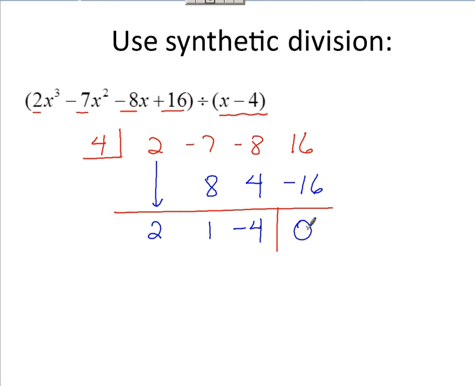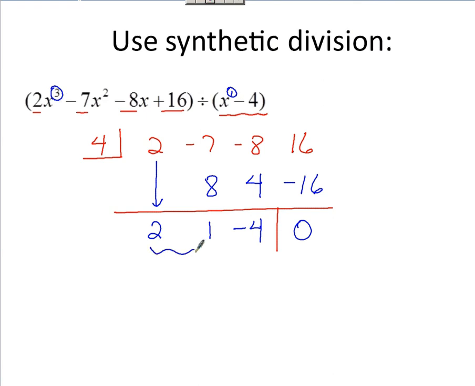Now, we started with a polynomial that we were dividing into. It was a degree 3 polynomial. Right, that was the highest power there, power 3. We were dividing by something linear, so highest power is 1. Meaning our end result here should be some kind of quadratic, right? We should have gone down a power from where we started.